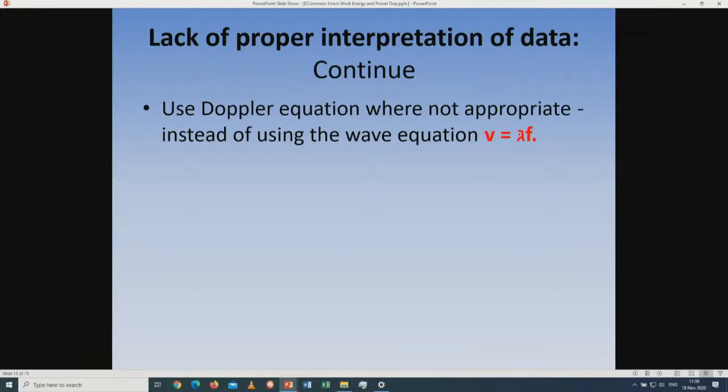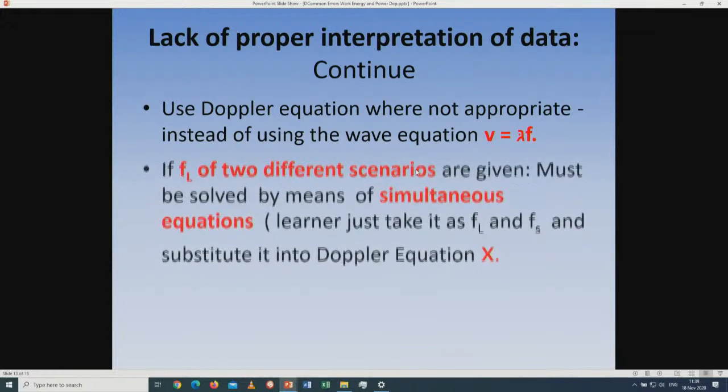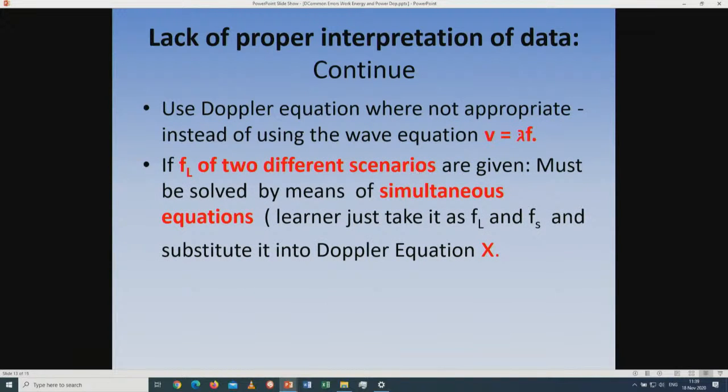Now, the Doppler equation. Sometimes the learner just reads the question, knows it's about the Doppler effect, and just writes down the Doppler equation, forgetting that the wave equation is also a relevant formula in the Doppler effect, giving you a relationship between the velocity of the sound, the wavelength of the sound, and the frequency of the sound. So please don't forget about this formula.